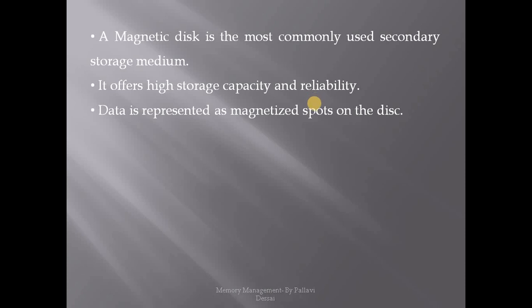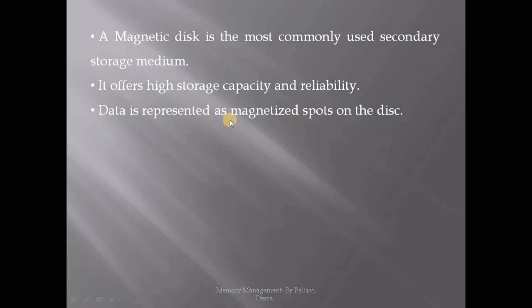Once the operation has been performed, the modified data must be copied back to the disk. So if any changes are made to the data previously copied to the RAM, it needs to be saved again to the hard disk. The system is responsible for transferring the data between the disk and the main memory as and when required.